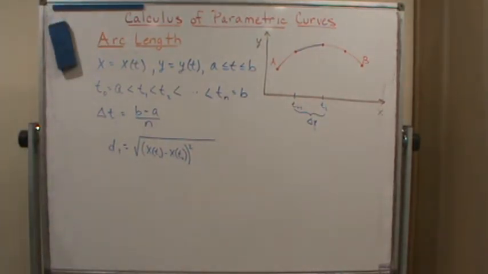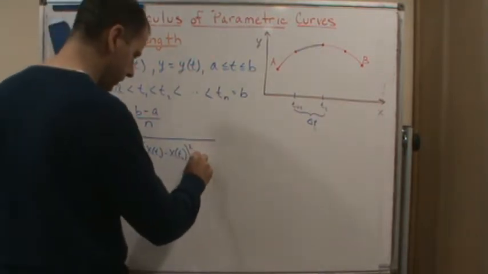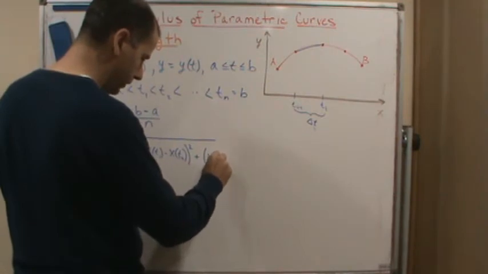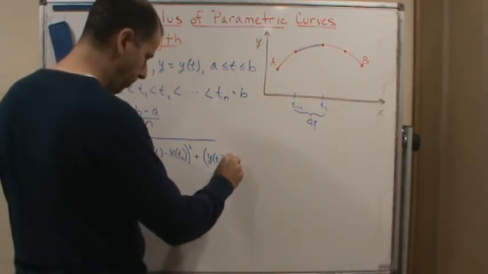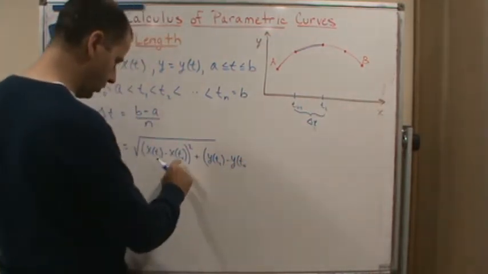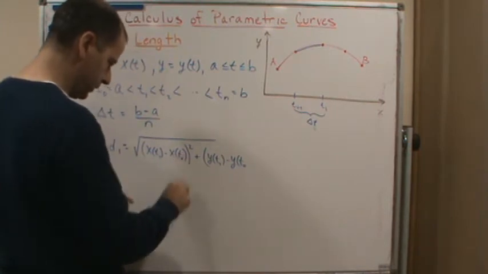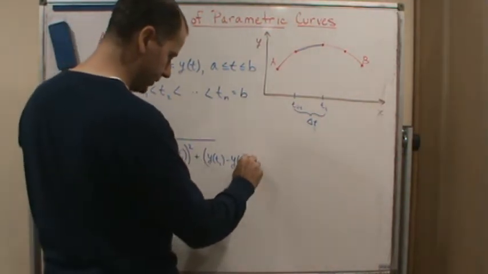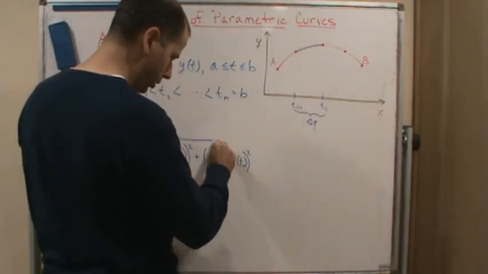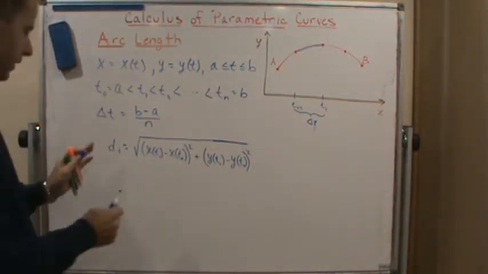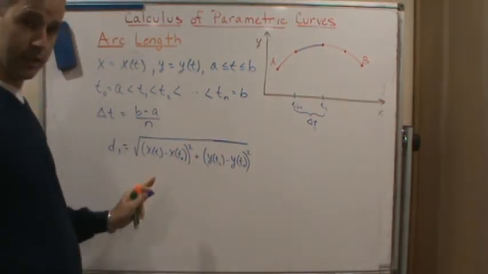Oh, I said t sub 2, this should be 0, not 2. And then we add to that the difference in the y's, y of t sub 1 minus y of t sub 0, quantity squared.